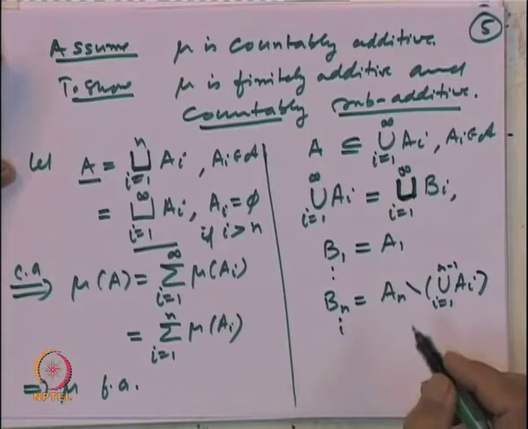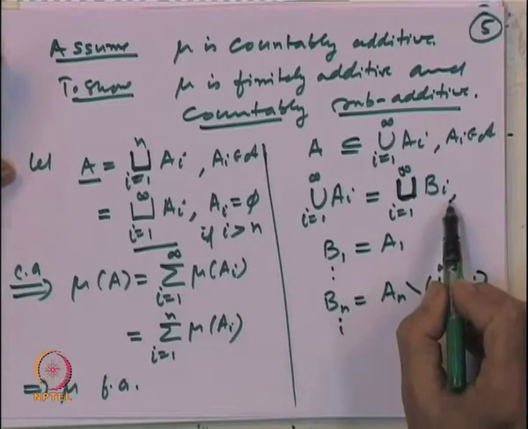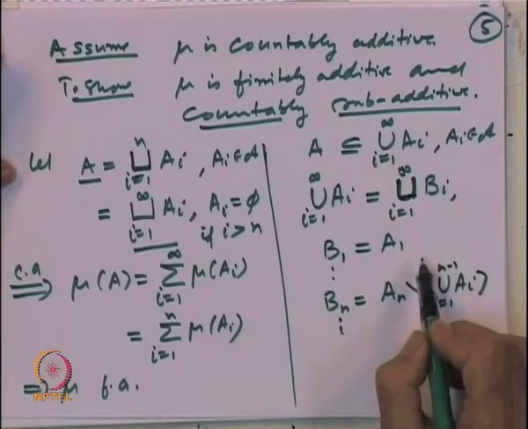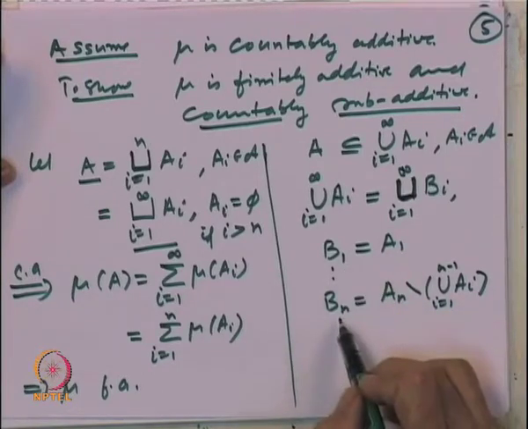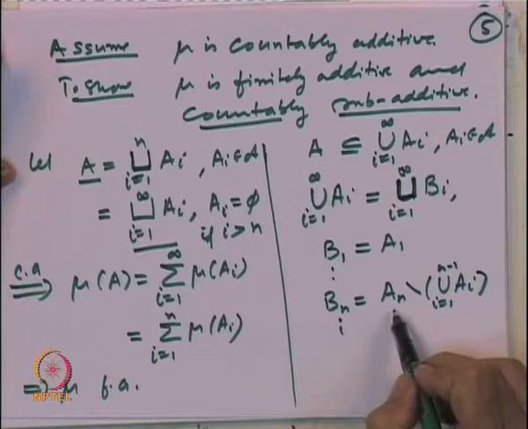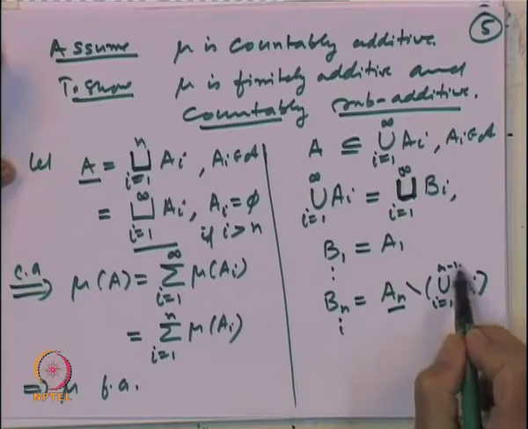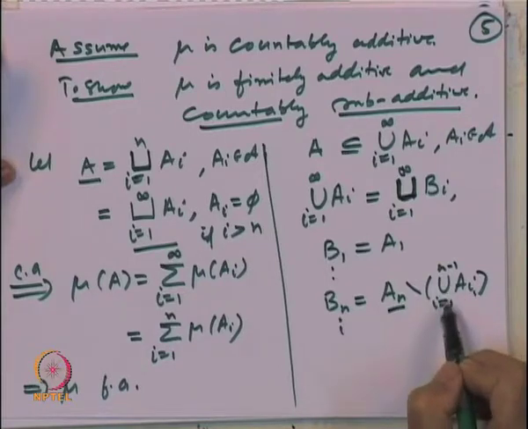That is how we had defined those sets B_i, and note that at every stage B_1 is A_1, in the algebra. Similarly, B_n is A_n, which is in the algebra, minus the finite union of A_i, 1 to n minus 1, that is in the algebra, and the difference of two sets in the algebra is again in the algebra.